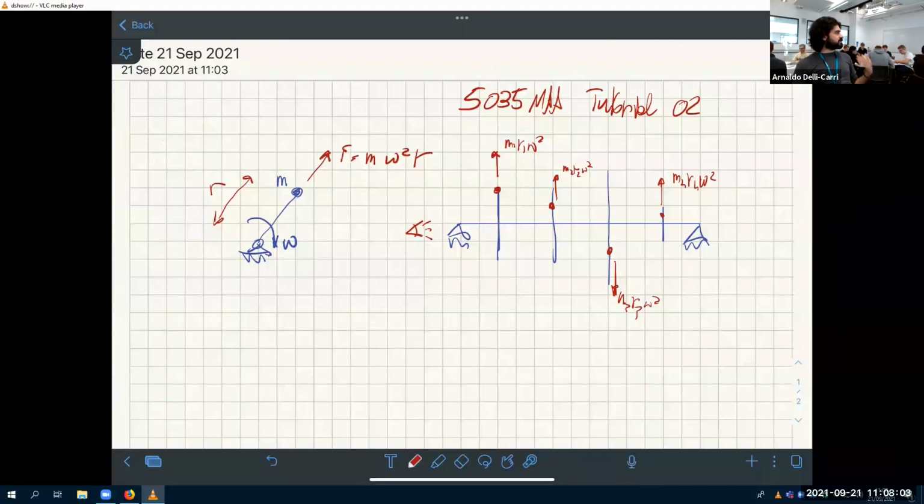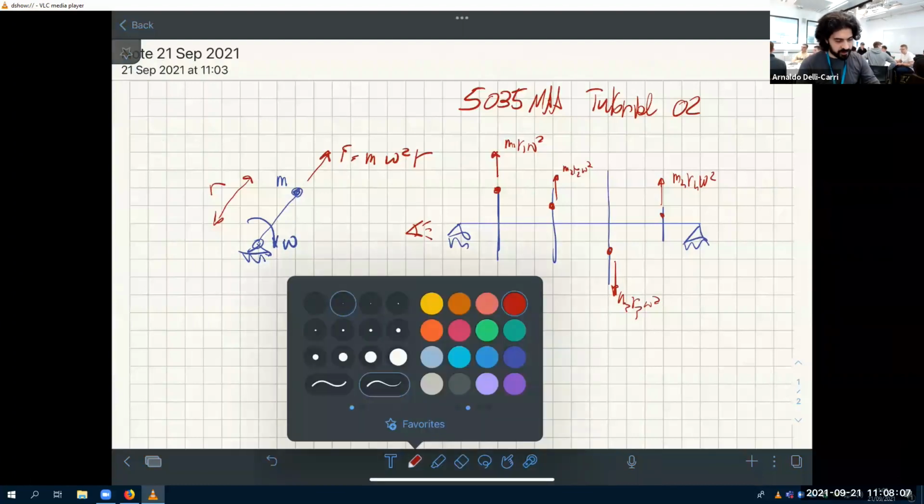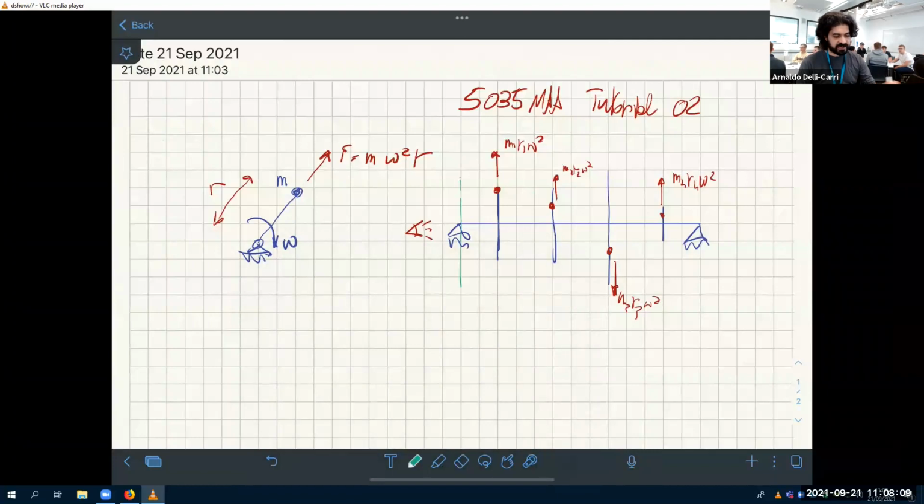And how do you find the moment of a force about a point? Let's say we choose this point. It's completely arbitrary. Well, it's not completely arbitrary if you have to balance it. But let's take the moments about this point. Let's call this O. The moment of the first force, M1 R1 omega squared, about this point is force times perpendicular distance, and this distance is L1.